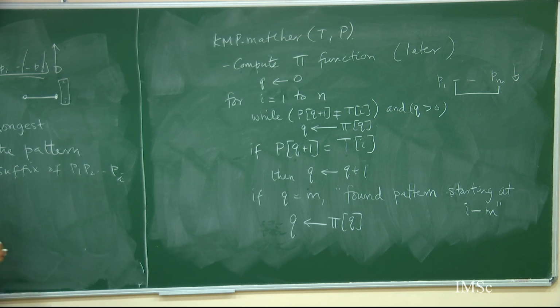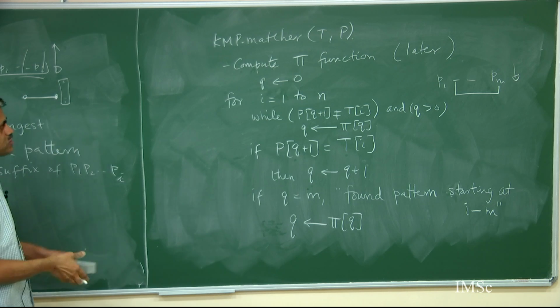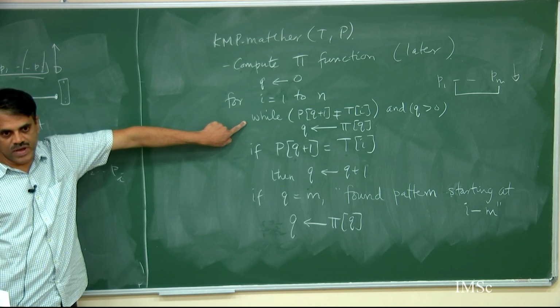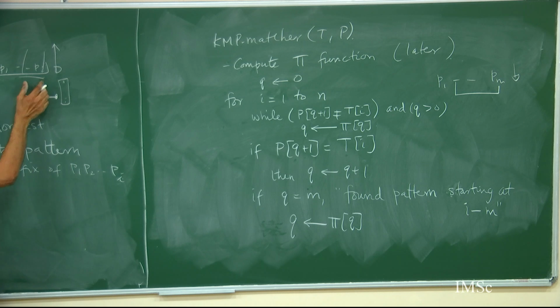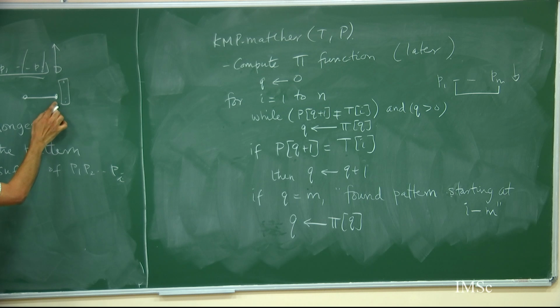So, what does this mean? That I have got a mismatch here. The moment I have a mismatch, I apply my pi Q, which tells me how much I have matched now, the suffix, and then I take the next character, which is Q plus 1, and compare it with I.